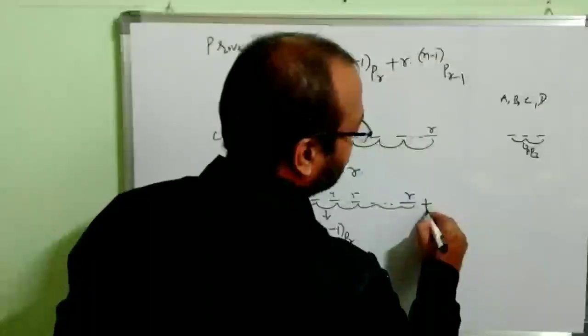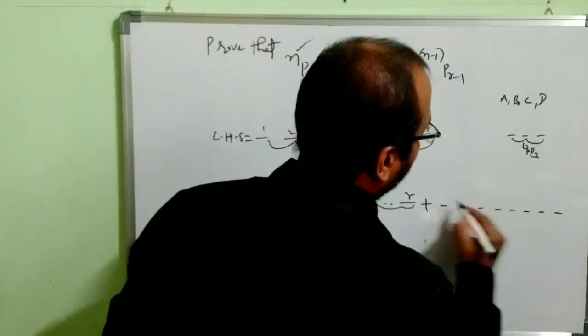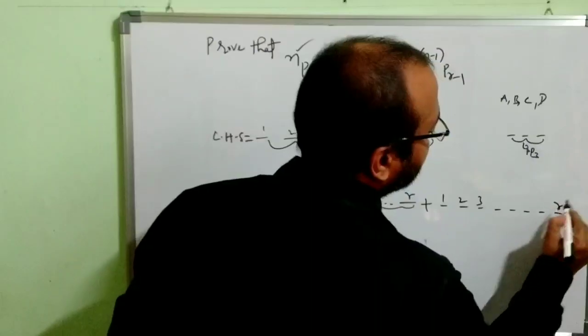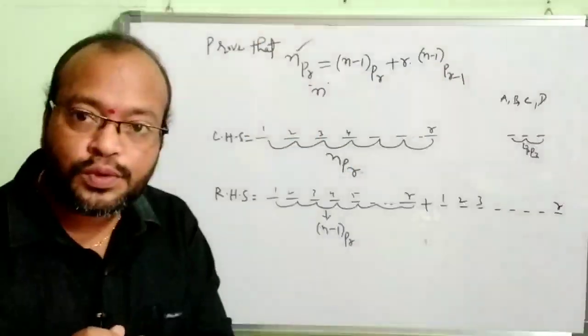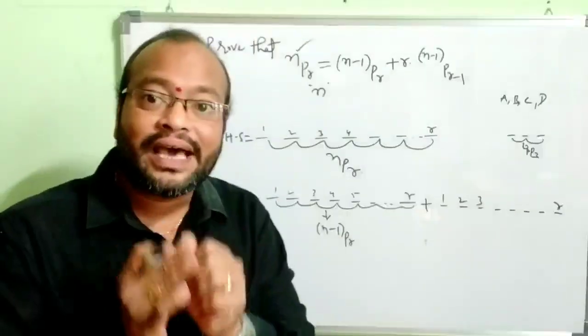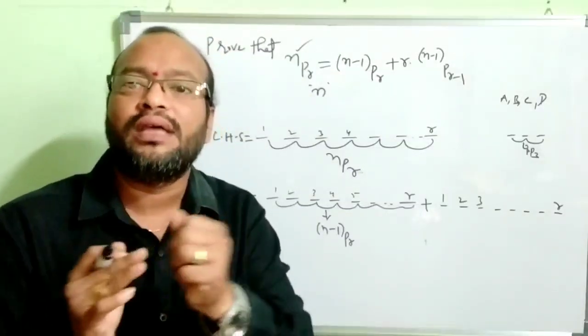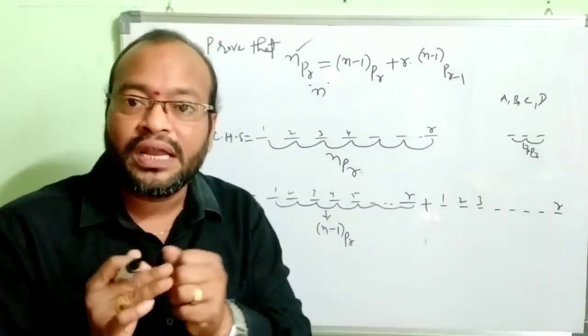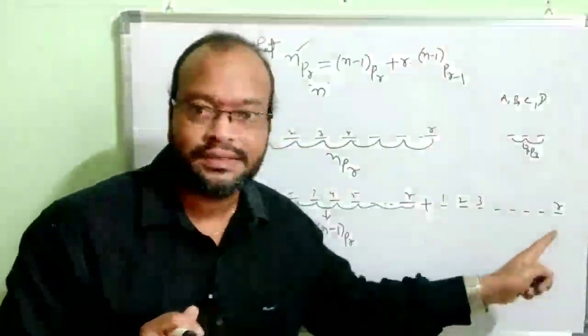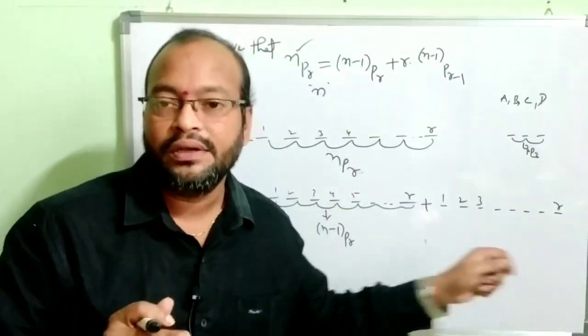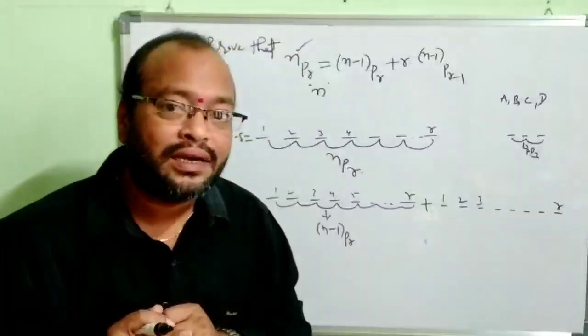Again, the same R seats are there here: 1, 2, 3, and so on. Suppose that particular guest X is present. When the guest is present, definitely we will give importance to him. Wherever he wants to sit, he can sit. So for him, how many places are there to sit?